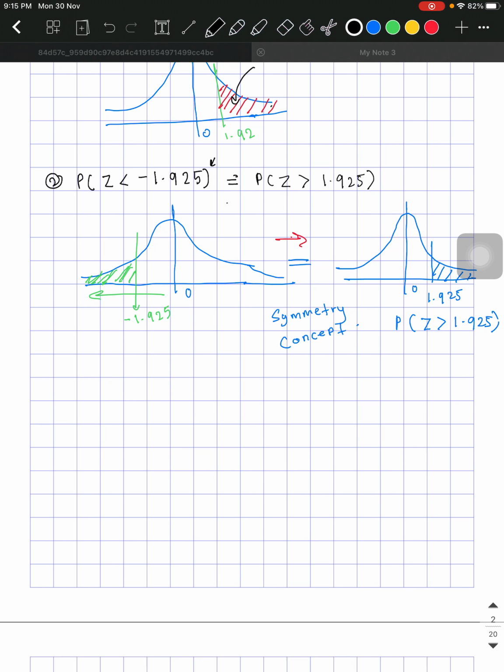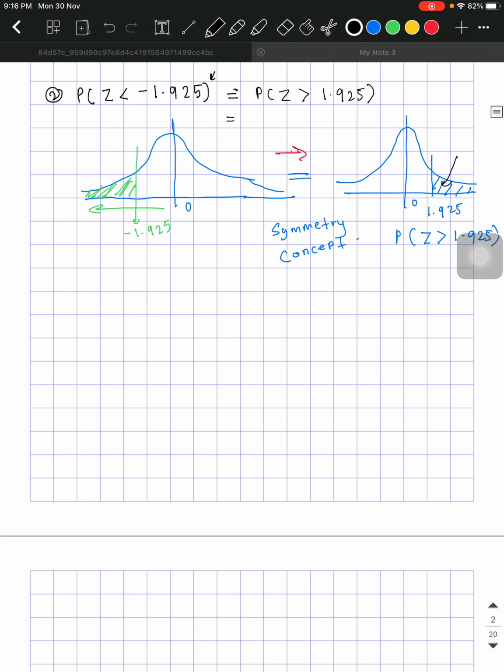Yes, and you can find the value of z more than 1.925. We need to find the value here. So how? By using the normal distribution table.